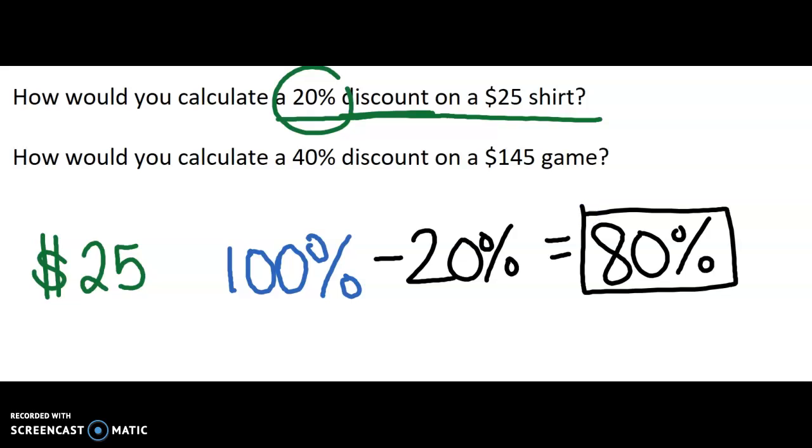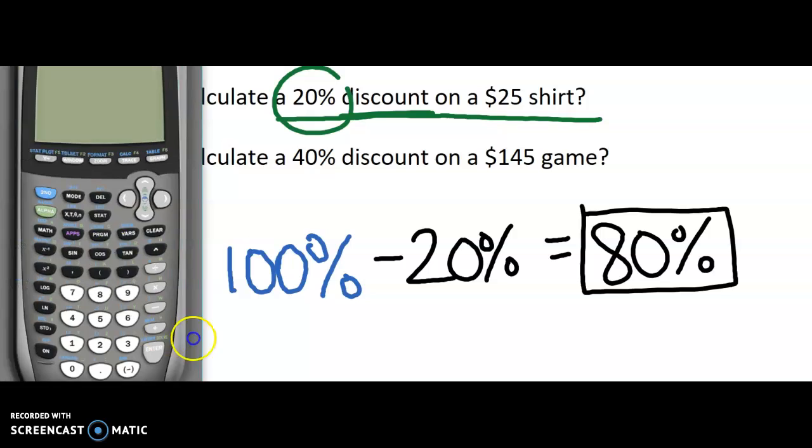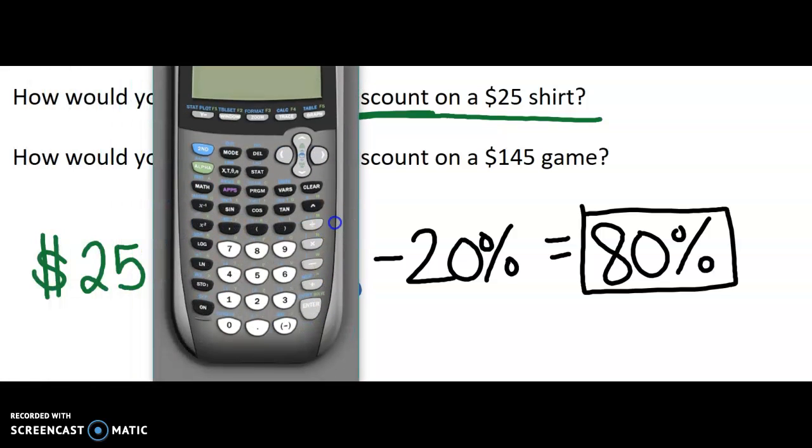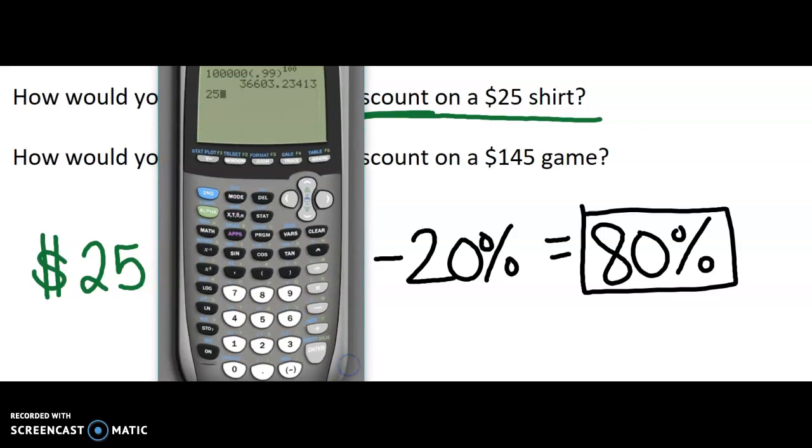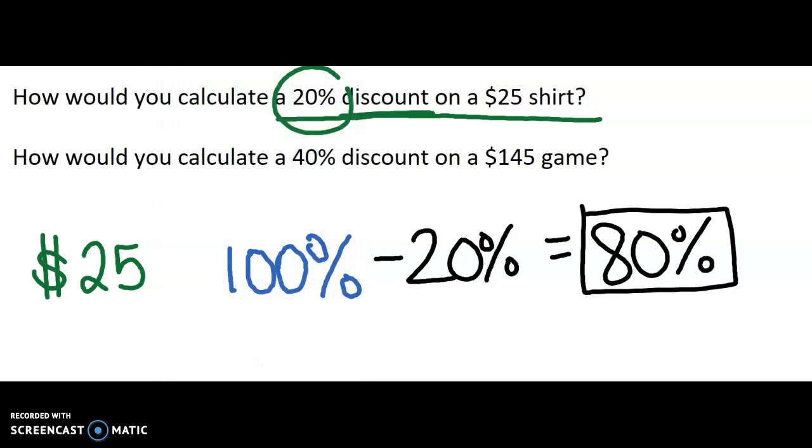We can't do 25 times 80, because let me show you. If I do 25 times 80, notice that it tells me the shirt's going to be $2,000. The shirt is obviously not going to be $2,000. Therefore, we have to make this into a decimal. So that's going to be 0.80.